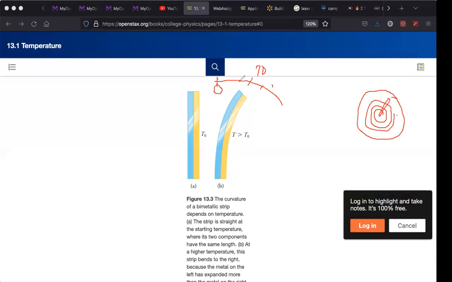Another place that bimetallic strips are used is in the electrical system in your house. These are connected to a switch so that you have electricity coming through the bimetallic strip this way. Normally they're not hot, so the electricity is coming through like this, and it's connected to this little thing here where the electricity goes through and into the house.